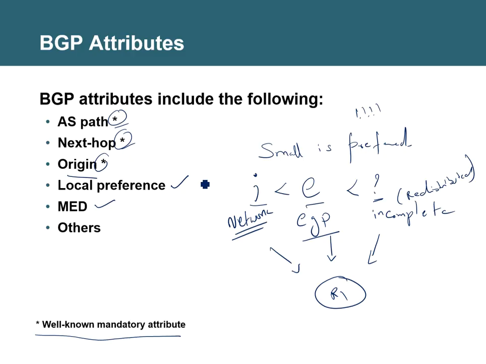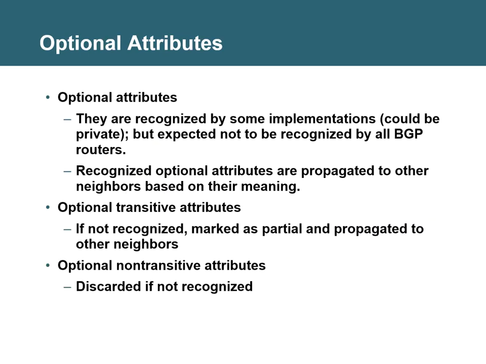But especially local preference is well-known discretionary. MED is optional; though it is well-known, it comes under optional non-transitive. It should be there, at least that 0 should be there. If not, it won't advertise. Optional non-transitive: discard if not recognized.